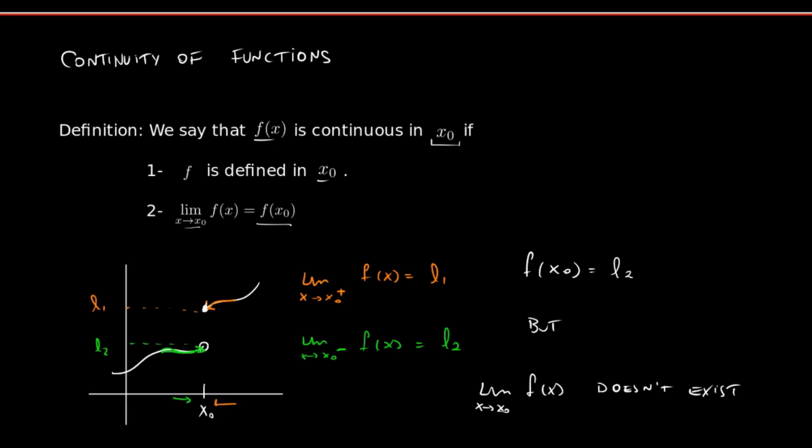Some books define continuity a bit differently, and it's more of an intuitive way to define it, because they say that a function f is continuous if I can draw the plot of f without lifting my pencil. That is, if I draw the function f like this, and I'm not lifting my pencil, then this function is continuous.